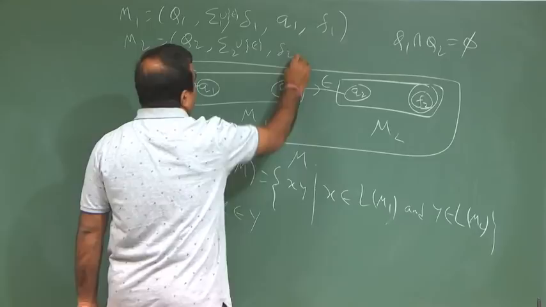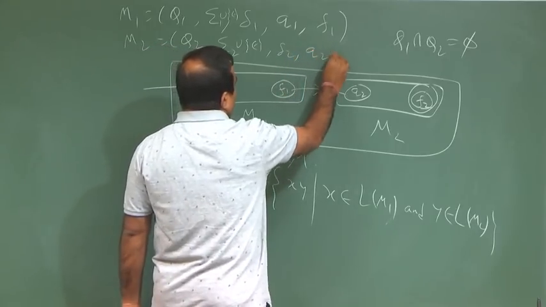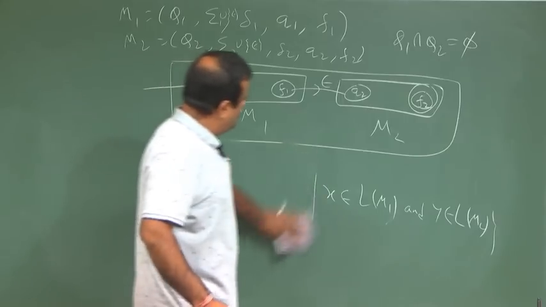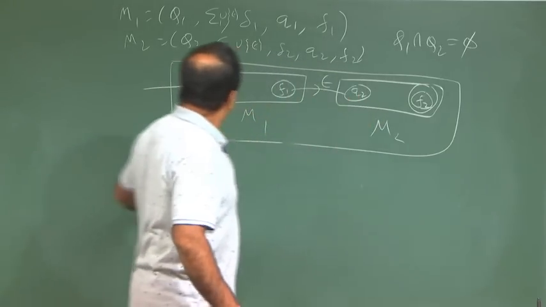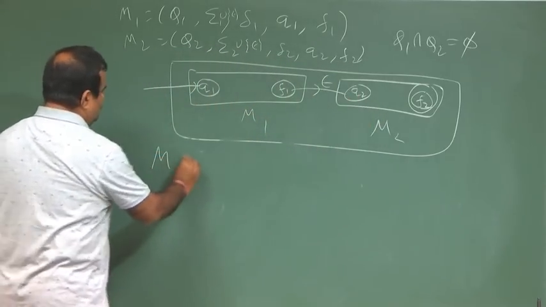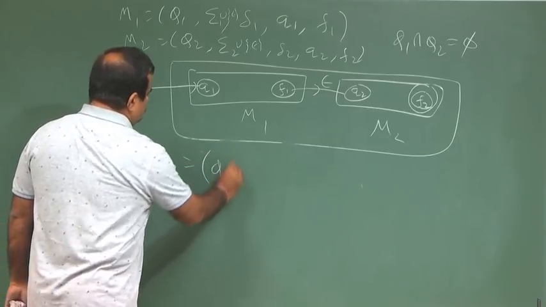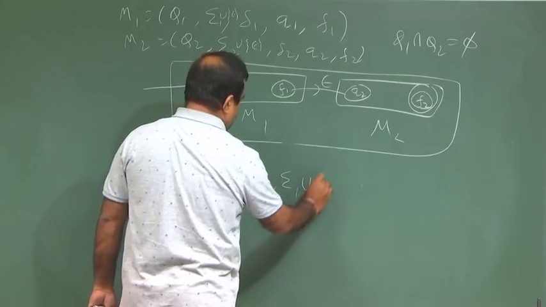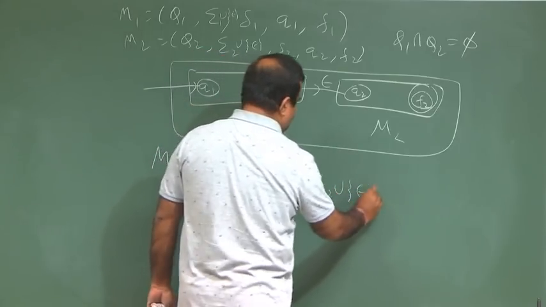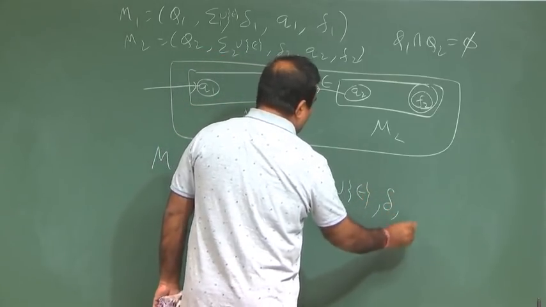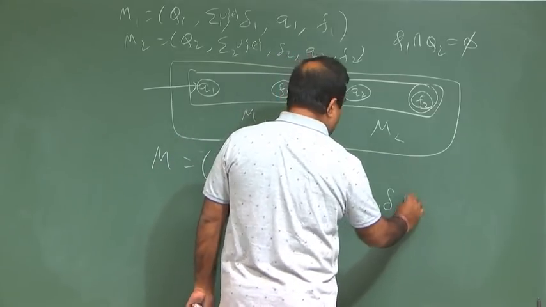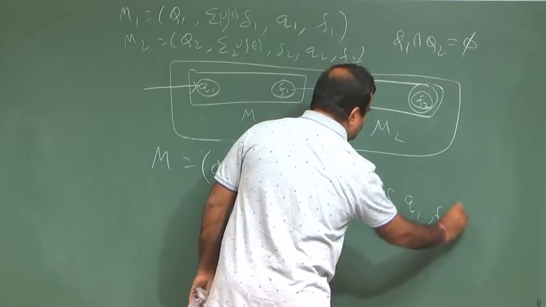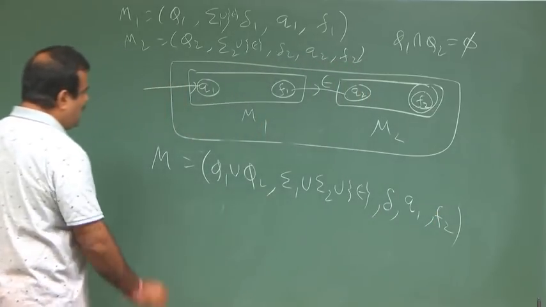Then what is our M? M is nothing but Q1 union Q2, sigma 1 union sigma 2 union epsilon, delta, then Q1 and then F2. And what is delta?